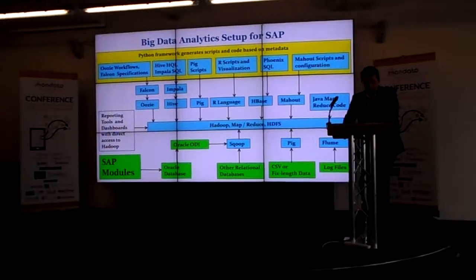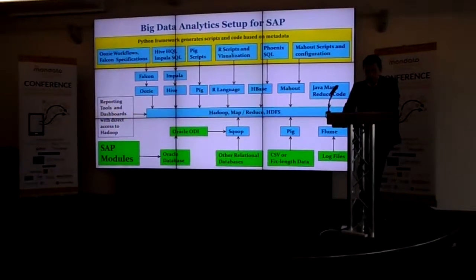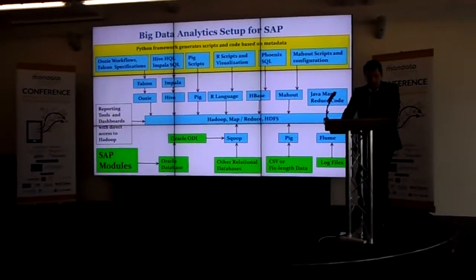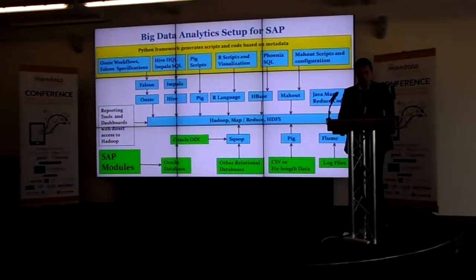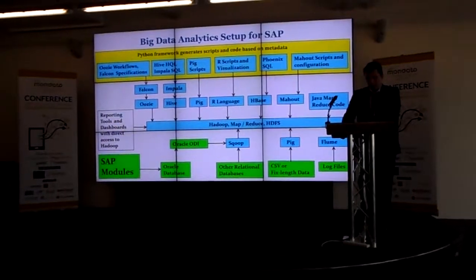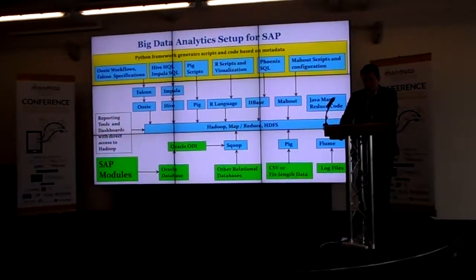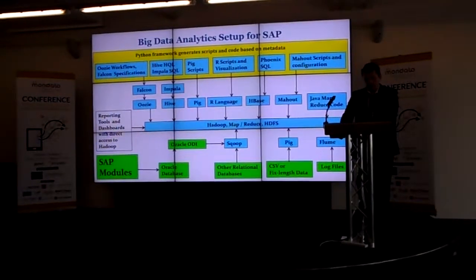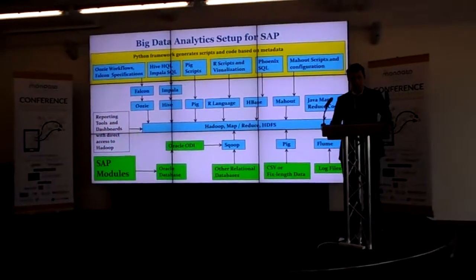SAP uses an Oracle database that works well for transactional processing. Our clients use warehousing and analytics solutions on top of the Oracle database. These solutions were not very flexible and they were expensive, so they decided to implement it in Hadoop.